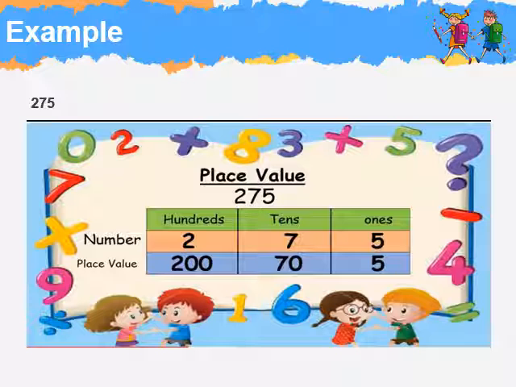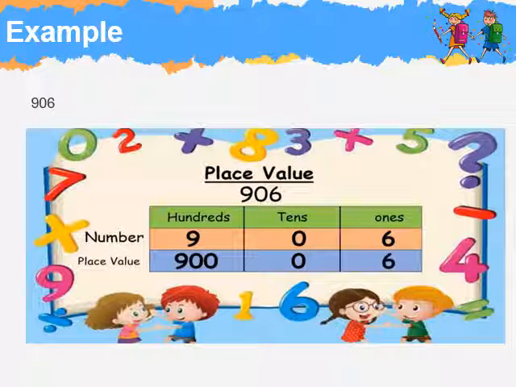So the place value of 7 is 70. Now children, 5 is at ones place, it means there are 5 ones. So the place value of 5 is 5.